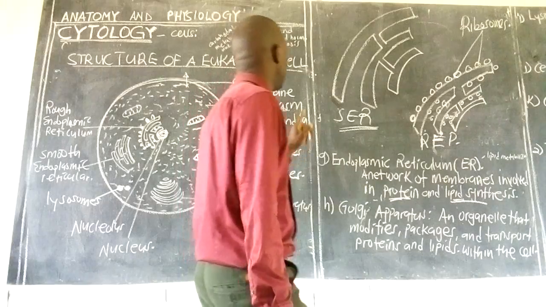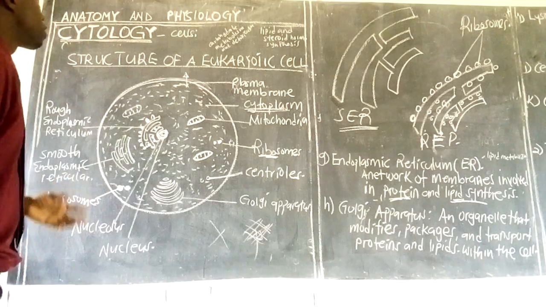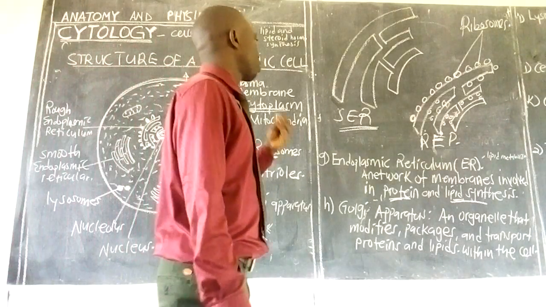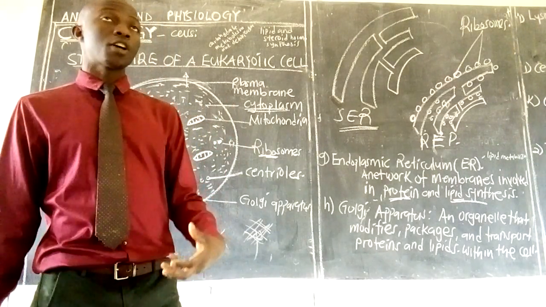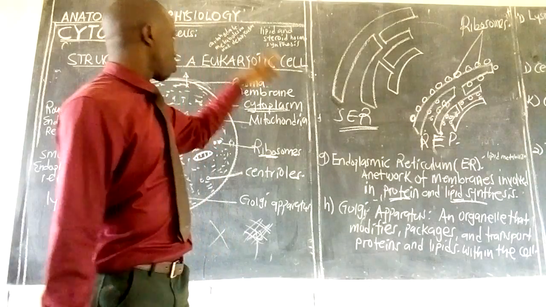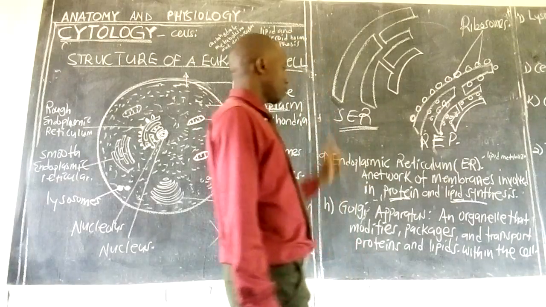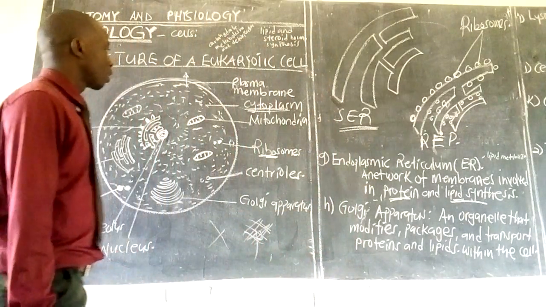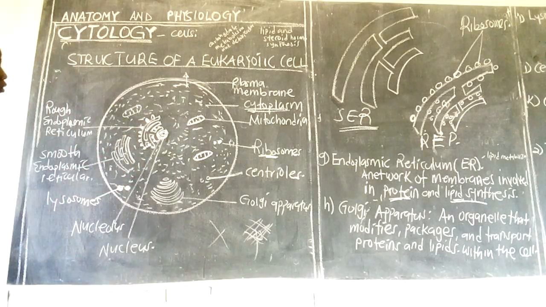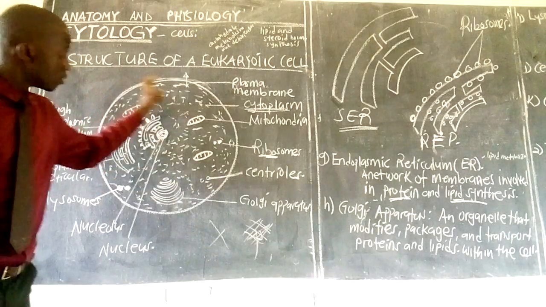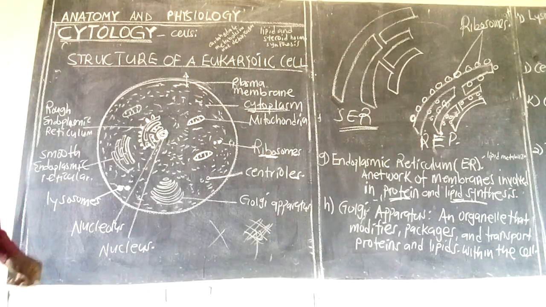It also helps in carbohydrate metabolism and detoxification in the body. So carbohydrate metabolism and detoxification, together with lipid and steroid hormone synthesis, are the functions of the smooth endoplasmic reticulum. I hope we are together. So here we have the rough endoplasmic reticulum, and this is the smooth endoplasmic reticulum as part of the cell organelles. Thank you so much.